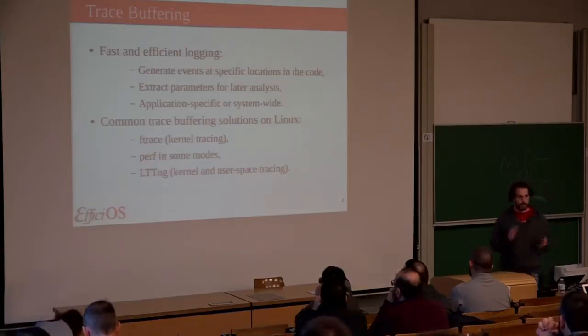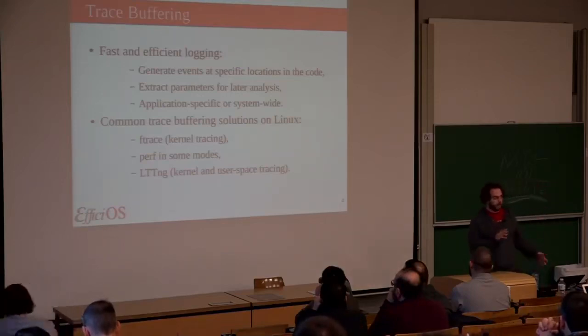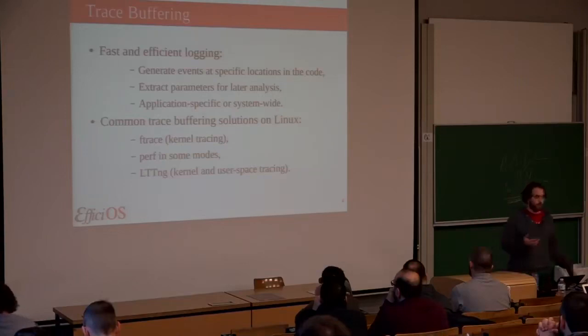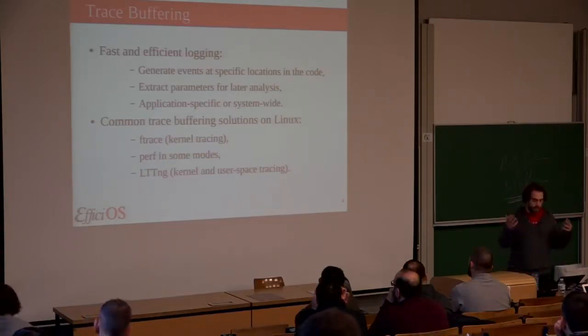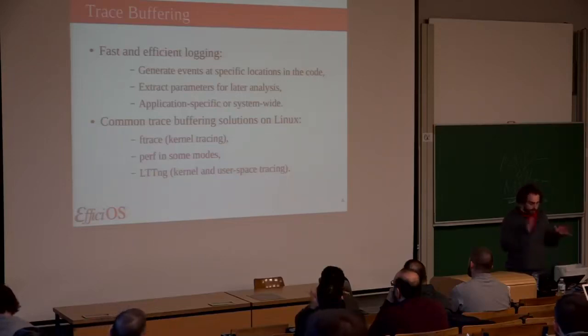But the difference between normal logging and tracing is that it usually generates a huge amount of trace, and that's why we use buffering, because we want to extract as much information as possible and make sure it's complete and you have the full idea of what's happening on your system. It's usually really application specific. It's meant for developers and it's created by the developers, so it's really just for debugging your code usually.